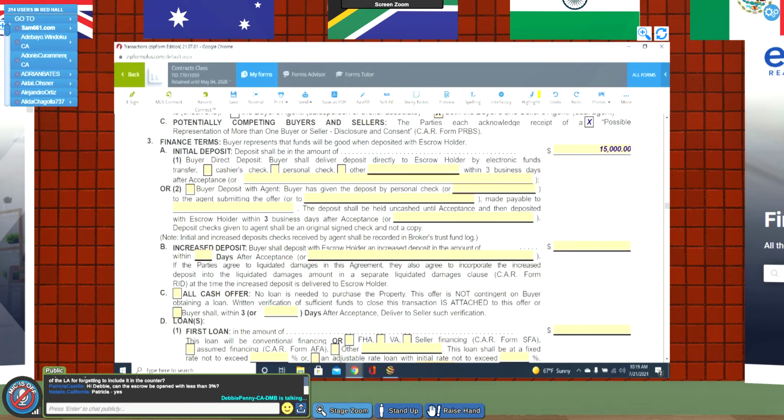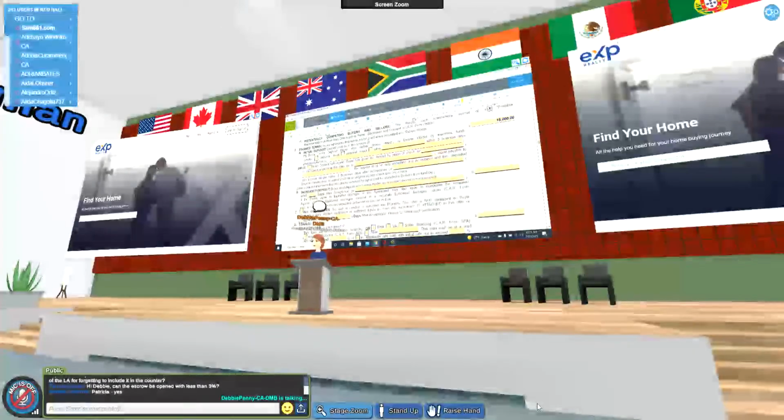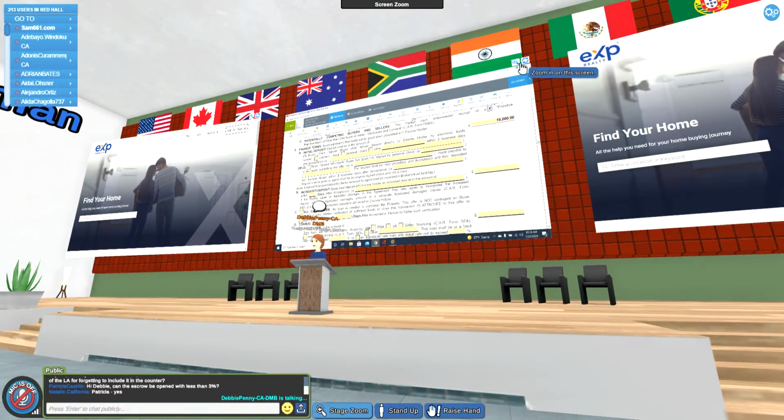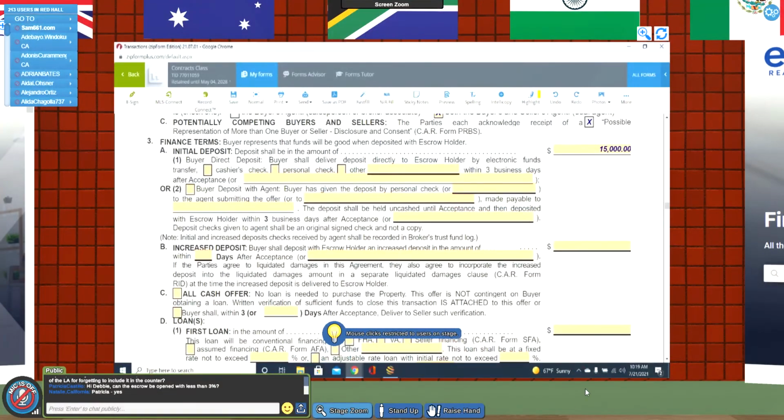Okay, and this is what you need to know about earnest money disputes. Earnest money disputes are between the parties. Now, tell me who the parties are. Buyer and seller. Are agents parties? No. Are their companies parties? No. Correct.